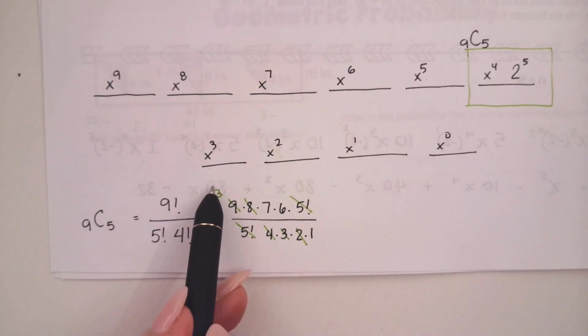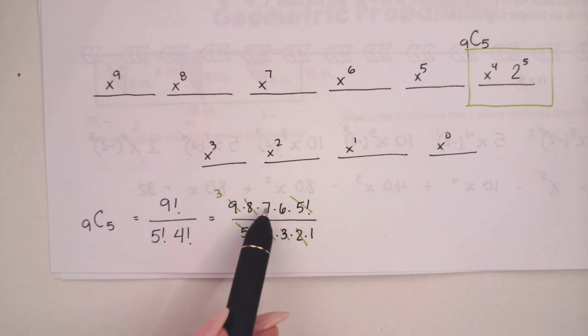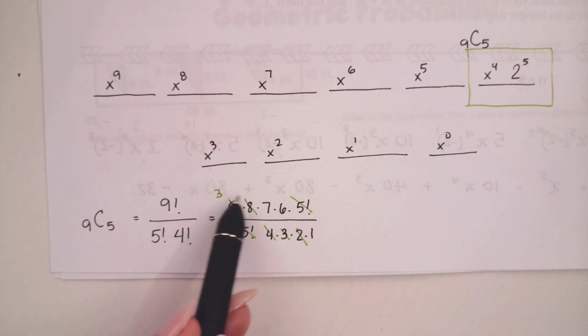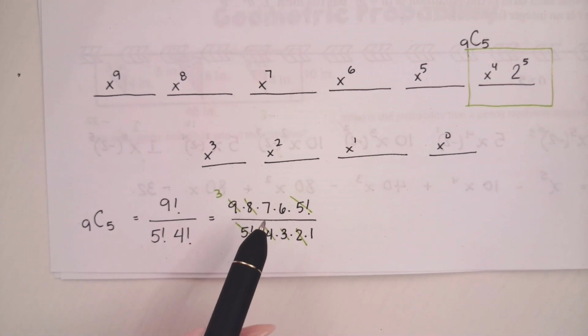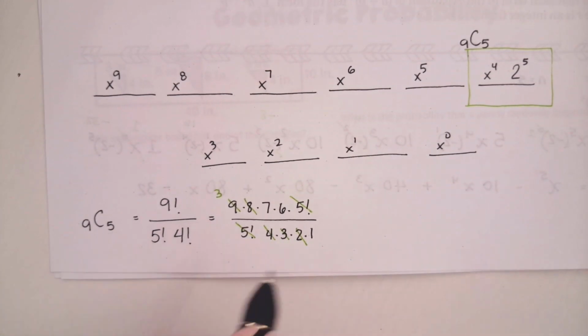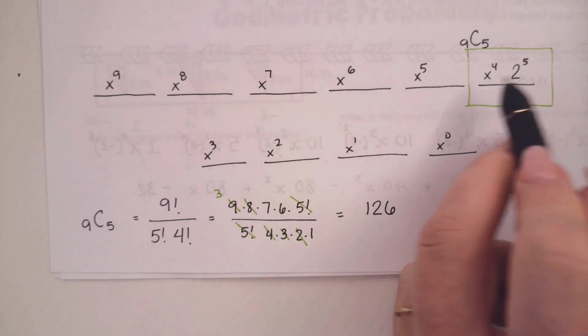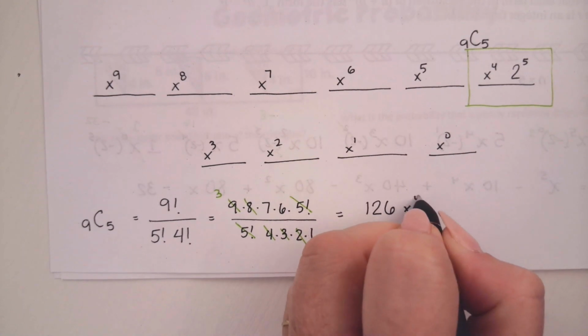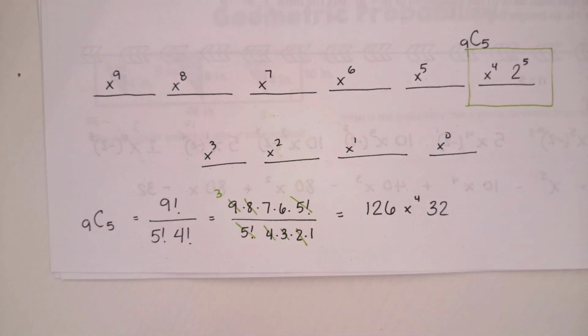So we really just need to do 3 times 7 times 6. 21 times 6. What is it? 126? 126. And then we got an x to the 4th, and we got a 2 to the 5th, which is 32. Very good.